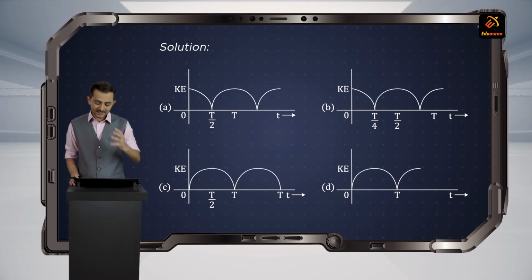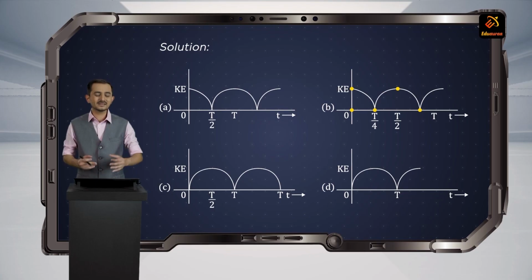Next, when time is equal to half of time period, that is T by 2, kinetic energy will be maximum. Then at time equal to time period, we say that kinetic energy will be 0.